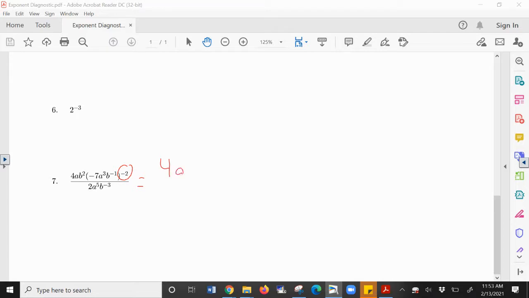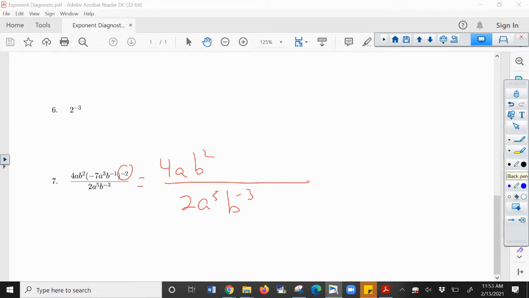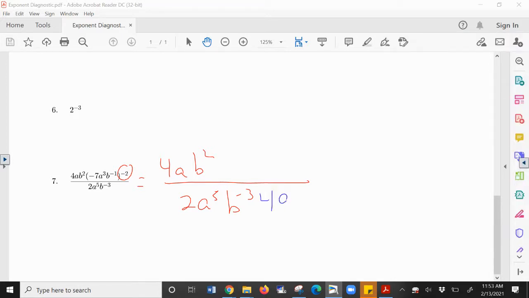I'm going to keep everything the same for a second here because I don't want to rock the boat. So I'm going to say -7 to the -2 power. Now, -7 to the -2 power is the reciprocal of -7 to the +2 power. -7 to the +2 power is 49, so this must be the reciprocal of 49.